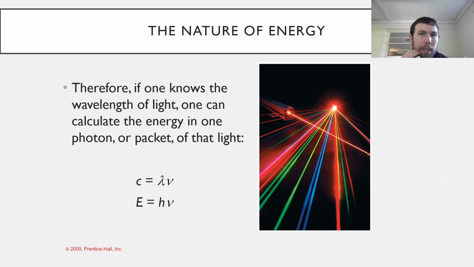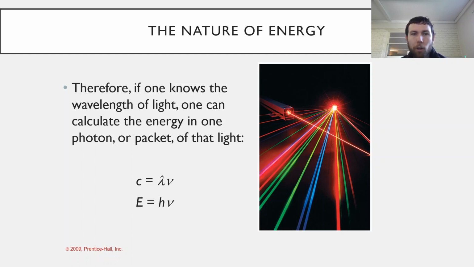And so this is taking the idea that light is now not necessarily just a wave, but is made up of tiny particles of light. A photon is just that packet of light. Think of it as your quanta of light. And if you know the wavelength of that light, you can calculate the energy of it, right?